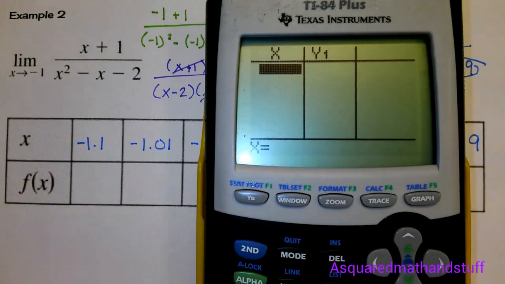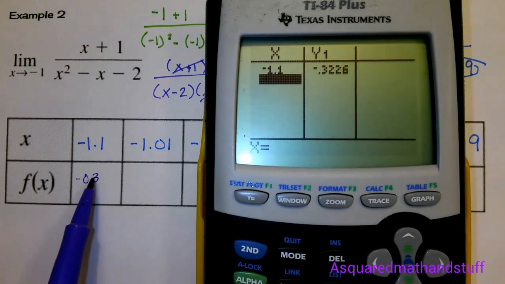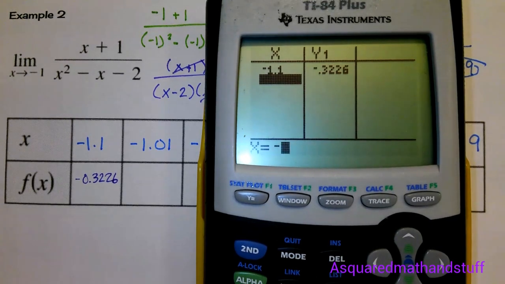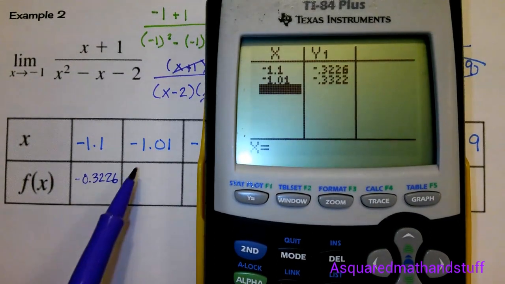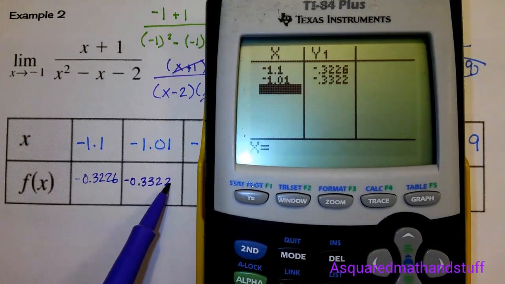I'm going to plug in negative 1.1. I get negative 0.3226. Then negative 1.01 is our next x value. Our y value is negative 0.3322.